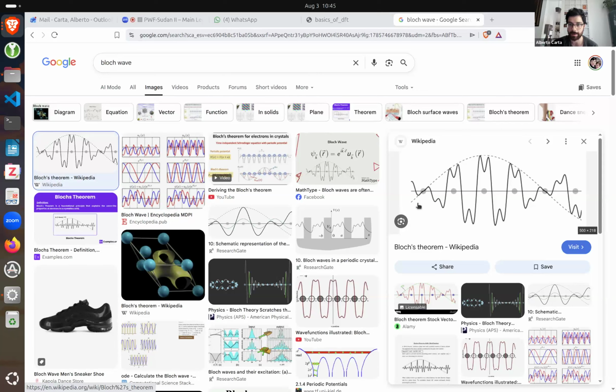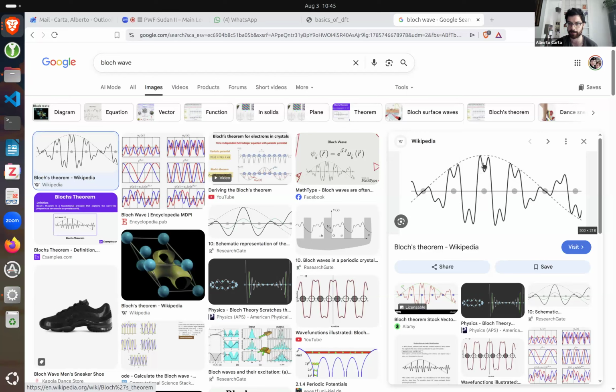The crystal is probably repeating these dots. Basically the sine wave will be modified by this wiggly pattern that you see here.